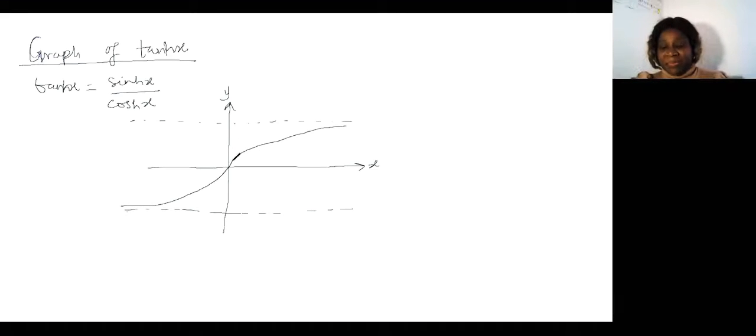Excuse my drawing. It's going in between, touching 0 and going up towards that asymptote, but not touching it. As you know about asymptotes, it's tending towards it but not touching it.